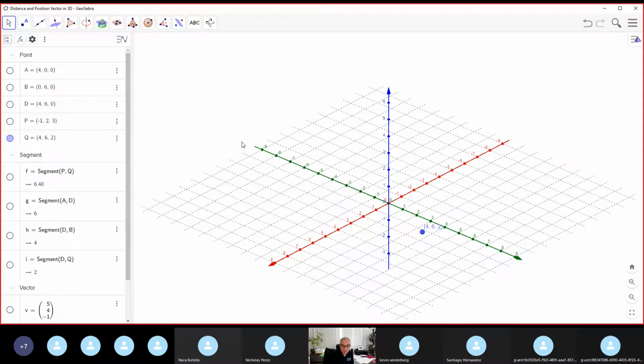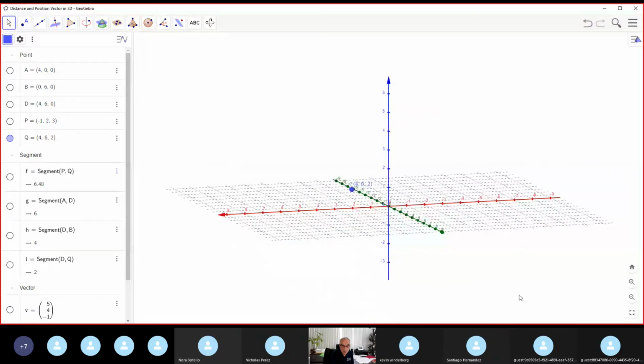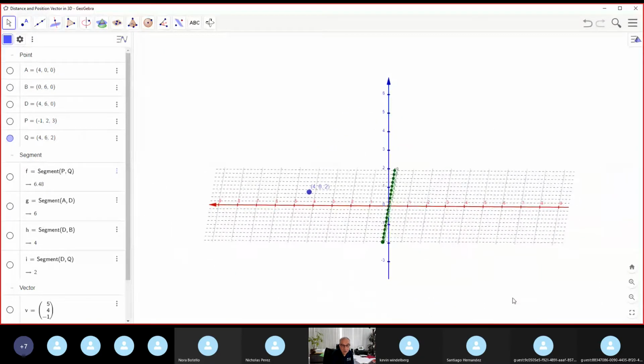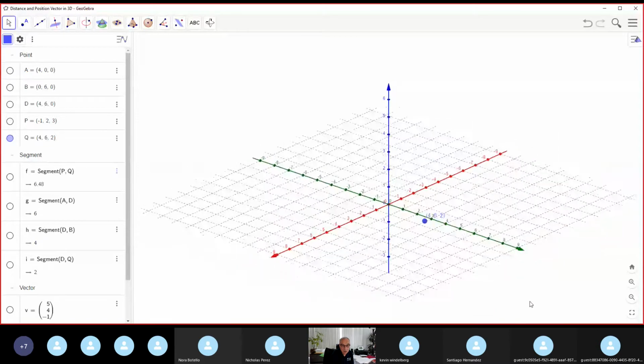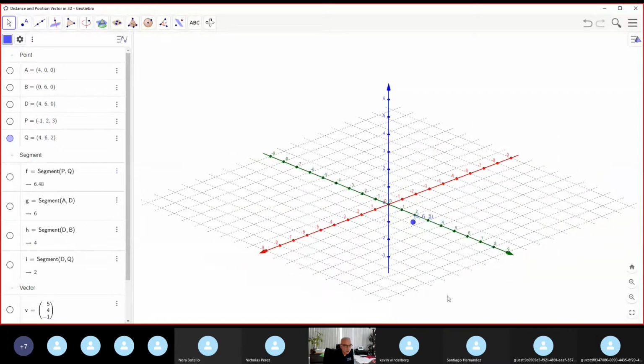Yeah. Then I make the point Q available. Do you see the point Q? Let me rotate to see more clearly, in 3D. To understand much better, I create some segments. The first component is 4.